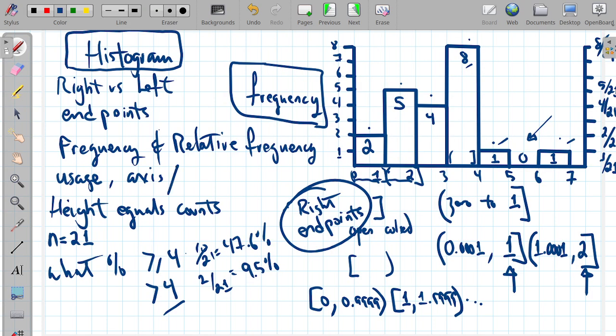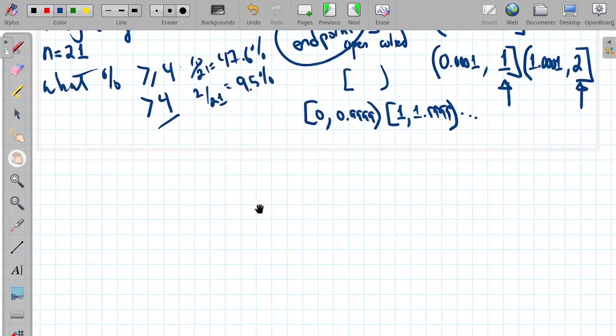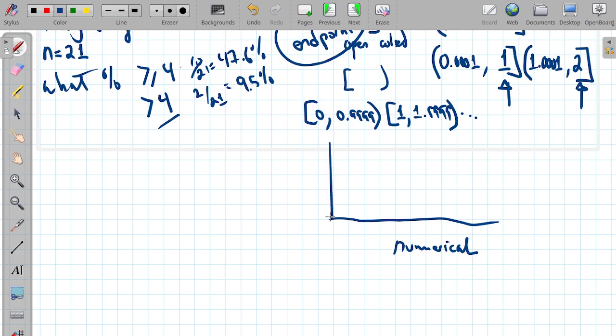I should make a comment about what the axis requirements are. The thing you have to keep in mind for the histogram is that the horizontal axis is going to be numerical. The vertical axis will also be numerical.